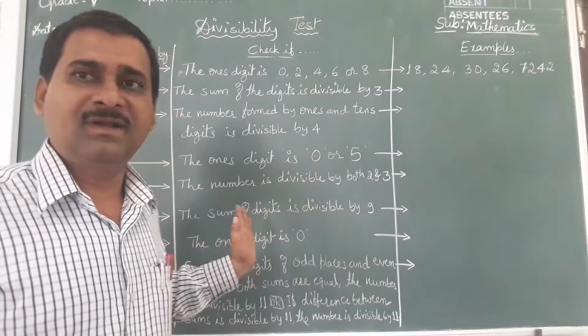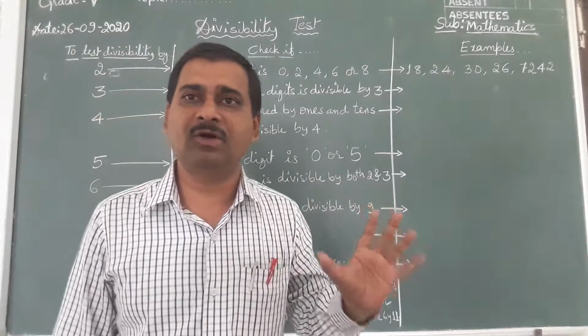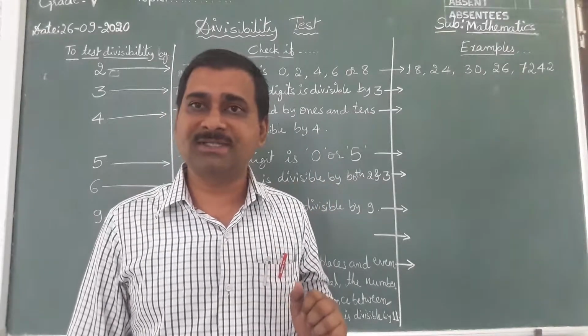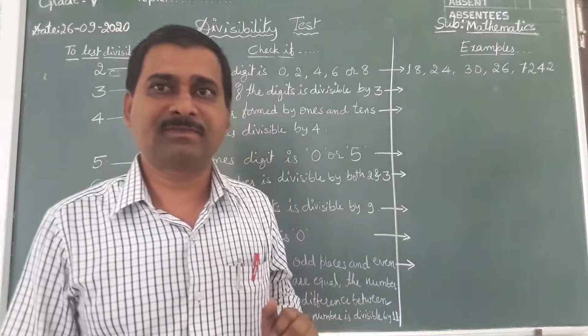By this only you will come to know whether a number is a prime number or a composite number. It is very much necessary to decide prime and composite numbers.